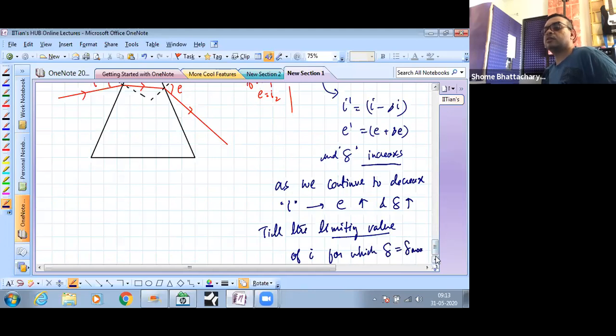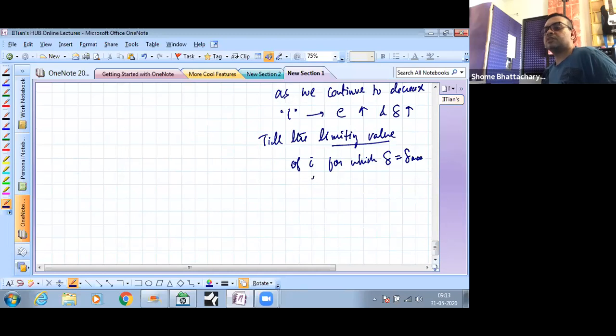But more importantly, the emergence tends to 90 degrees. So we have what we call grazing emergence.